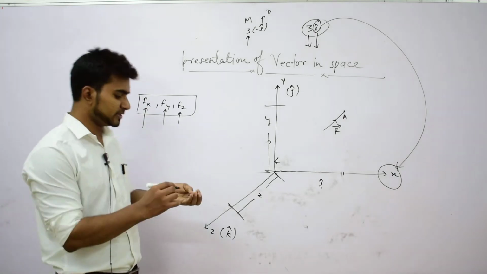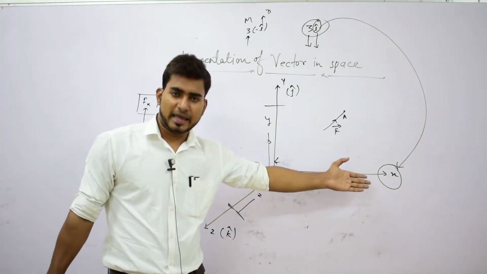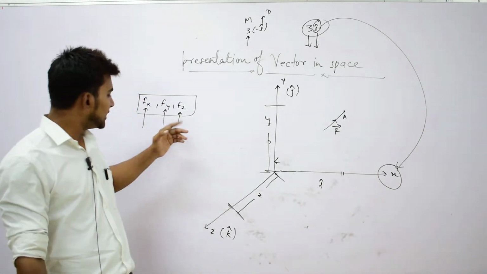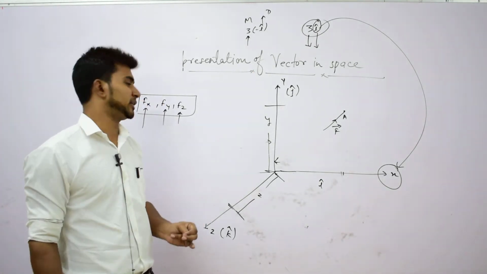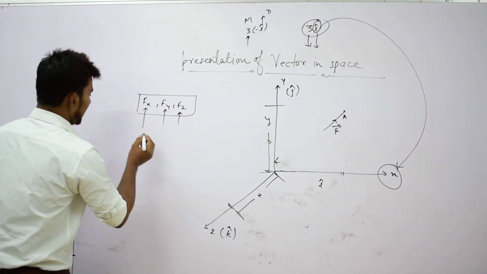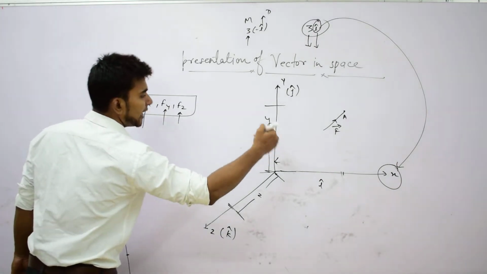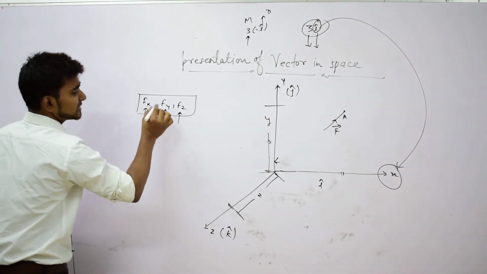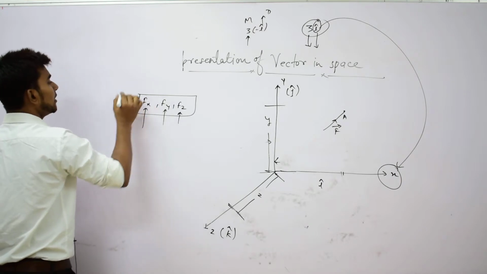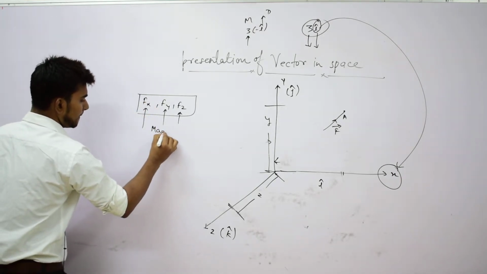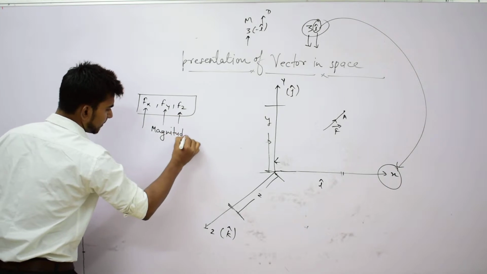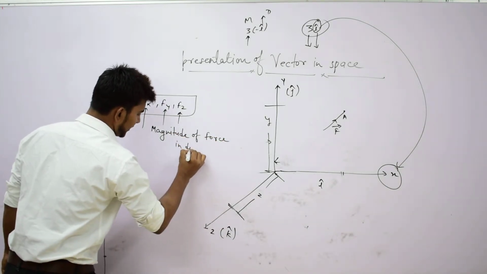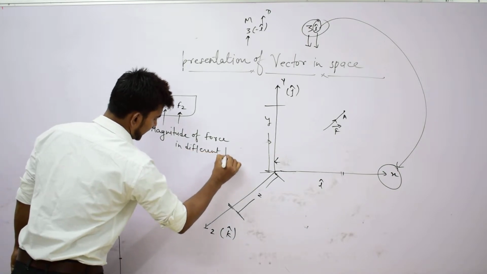So this Fx is applicable in the X direction, this Fy in the Y direction, and this Fz in the Z direction. Means if we want to express our force with the help of a vector, Fx, Fy, Fz are the magnitudes of the force in different directions.